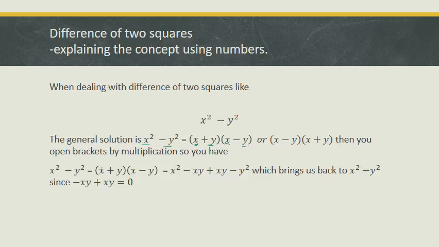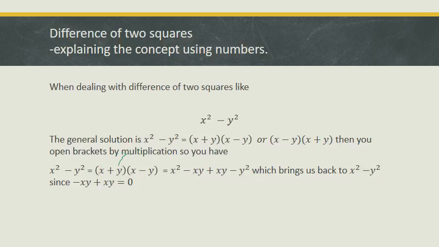So you have x multiplying x to give you x squared, and x multiplying minus y, because you have this minus sign here, to give you minus xy.